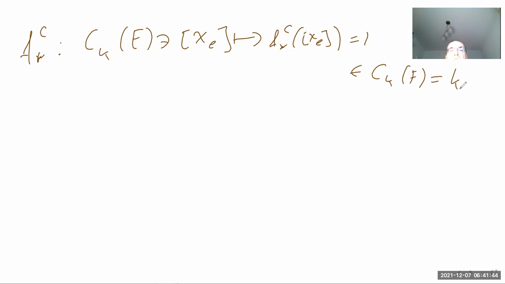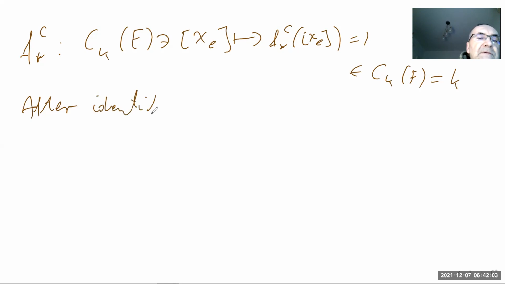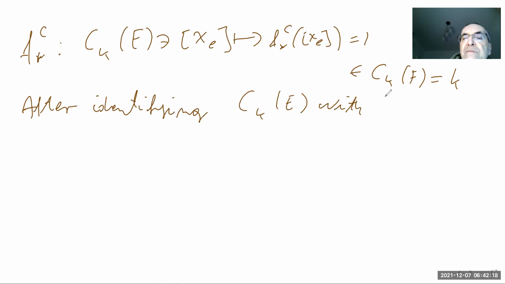Okay, so in other words, it's a character. An algebra homomorphism into a ground field is called a character. And after identifying this conpath algebra with Laurent polynomials, sorry, no, these are not Laurent polynomials, it's the Toeplitz algebra. With the polynomial Toeplitz algebra, I'll identify CKE with the polynomial Toeplitz algebra.